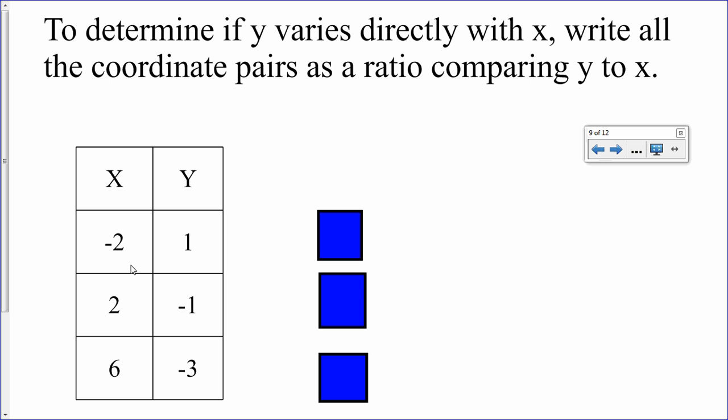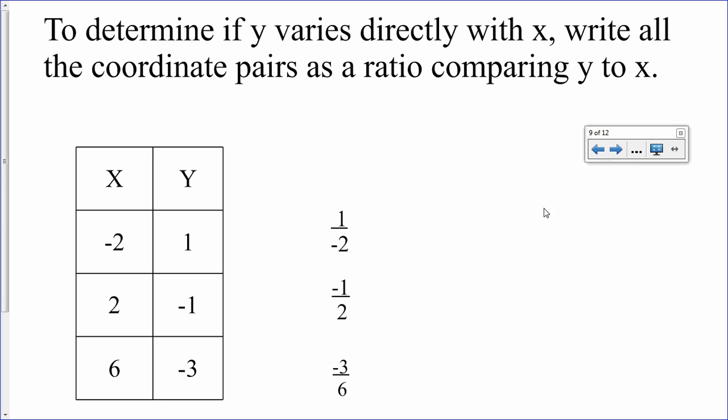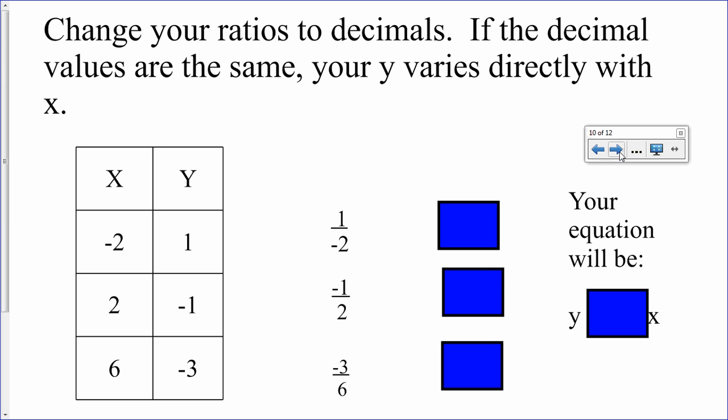So even though these are consistent x values, they are not consecutive. So we're going to use y as 1 and put it in a ratio over negative 2. Our next one becomes negative 1 over 2, and our last, negative 3 over 6.